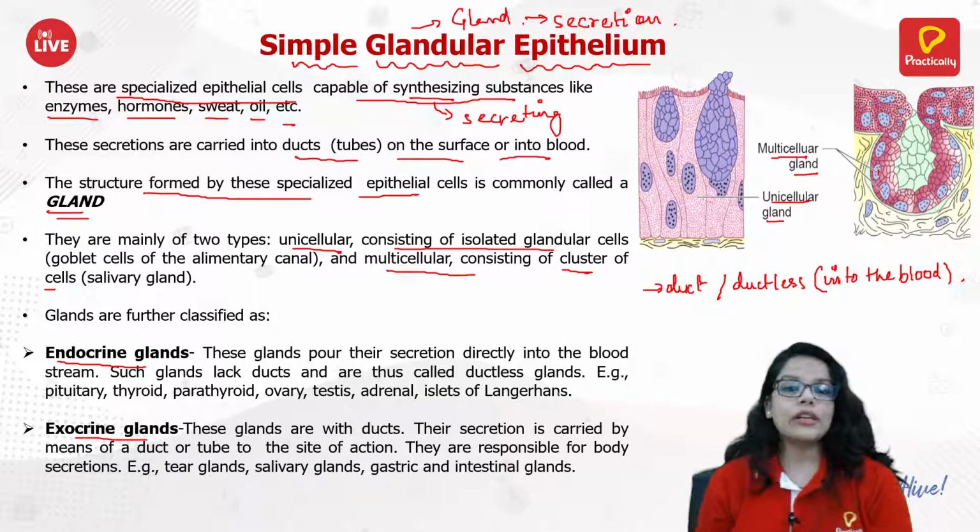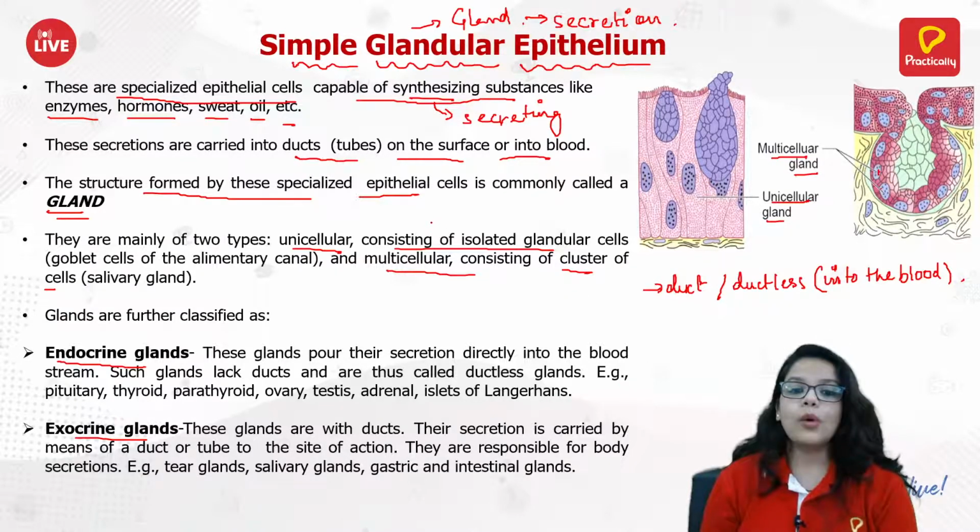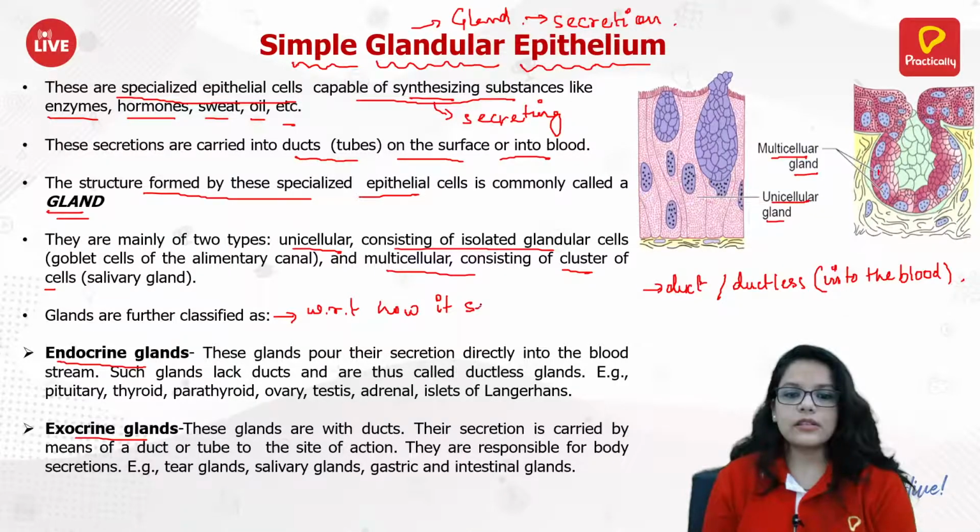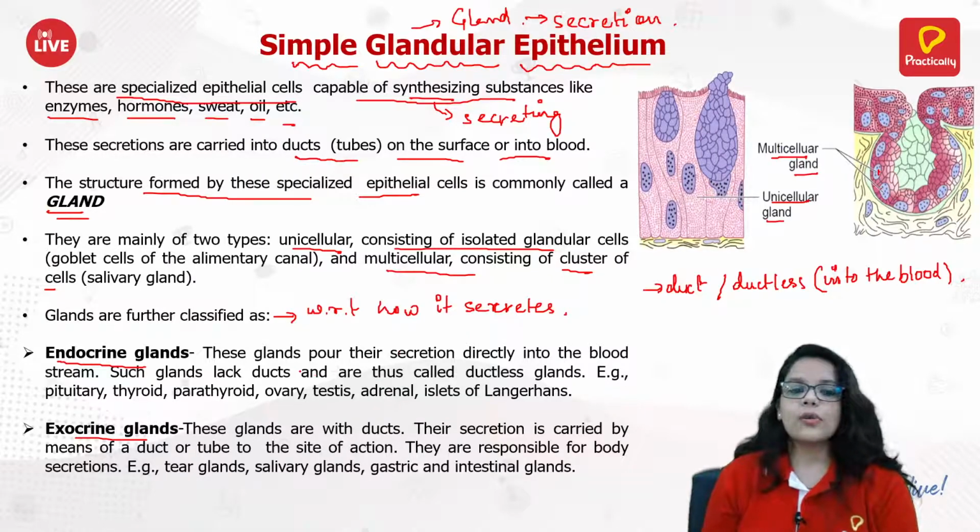Now, why endocrine and exocrine? That is because they are further classified with respect to how they secrete. So endocrine glands pour directly into the blood, so they are ductless.